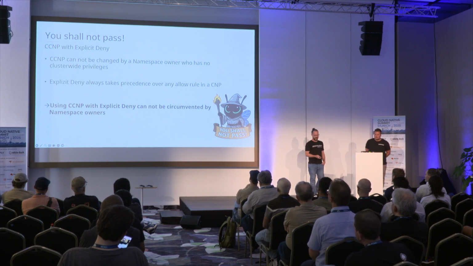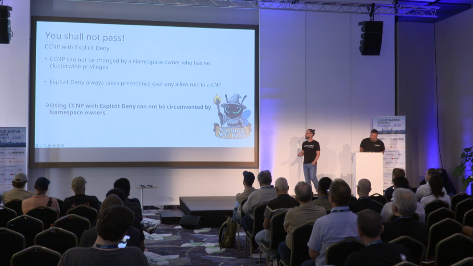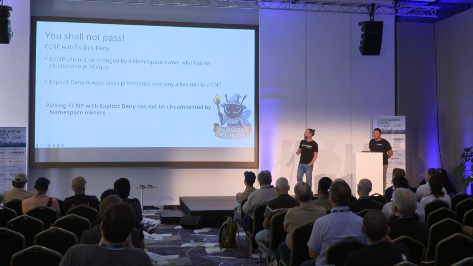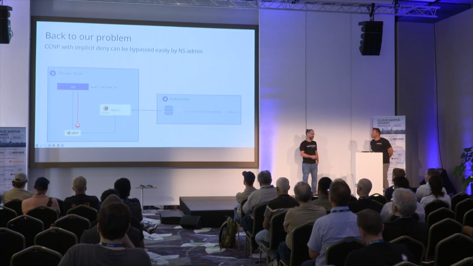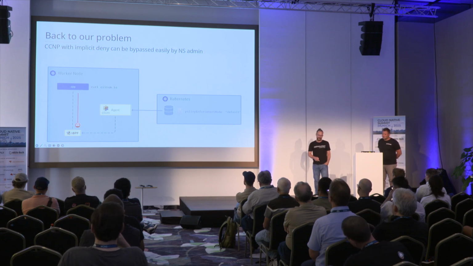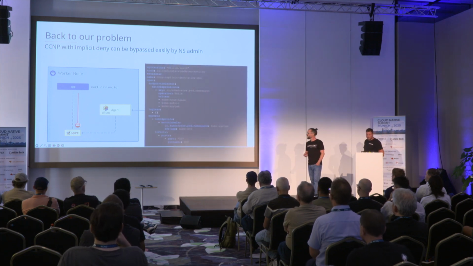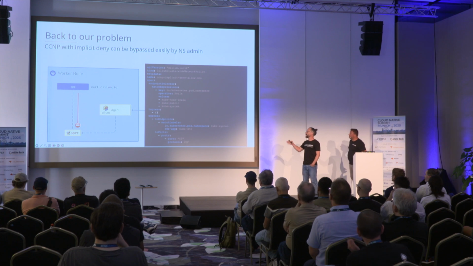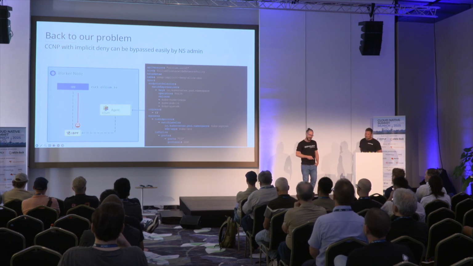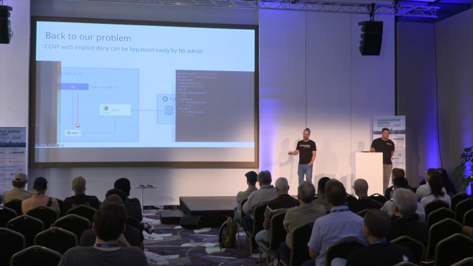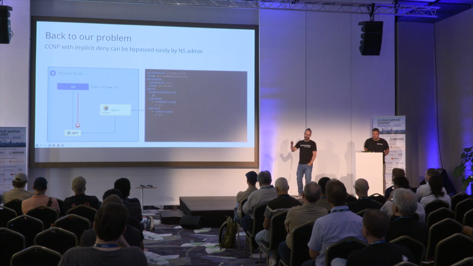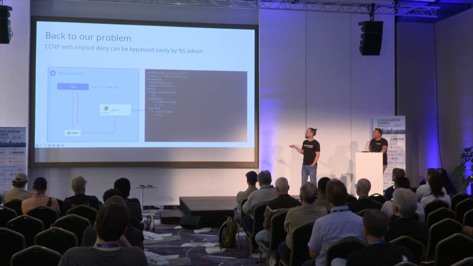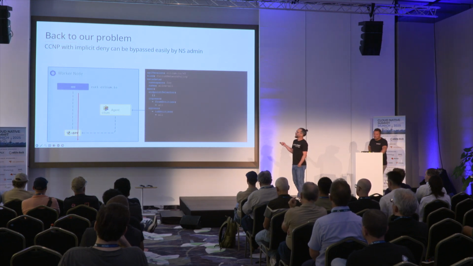But if we are using explicit deny, this cannot be overwritten by an explicit allow. So coming back to what we've seen before, we're running Cilium, and we're putting this implicit deny on all of our app namespaces, right? Again, if somebody wants to override it with an allow-all rule, he can circumvent this. His traffic can get through.